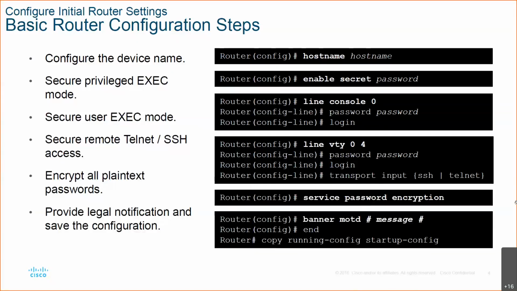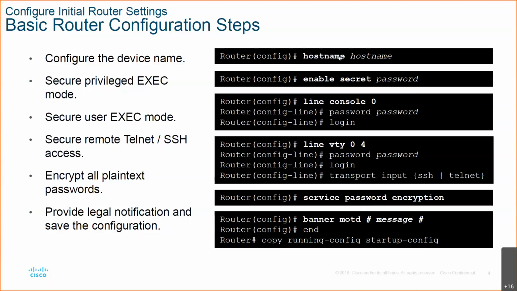Now, when you switch on your router, your IOS command line is very much similar to a switch. Okay. Once you are inside, you will get a prompt, and then you type enable. You go inside your privilege exec mode, and then you can configure the device name by giving the command hostname.